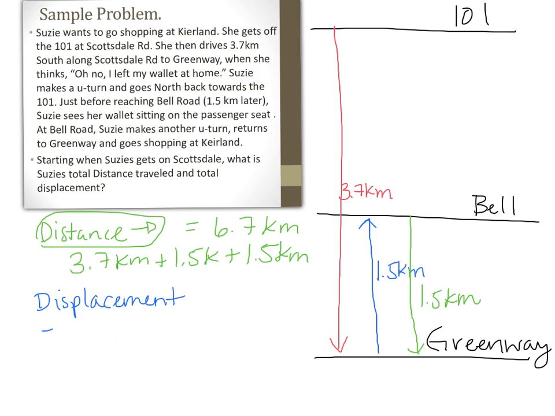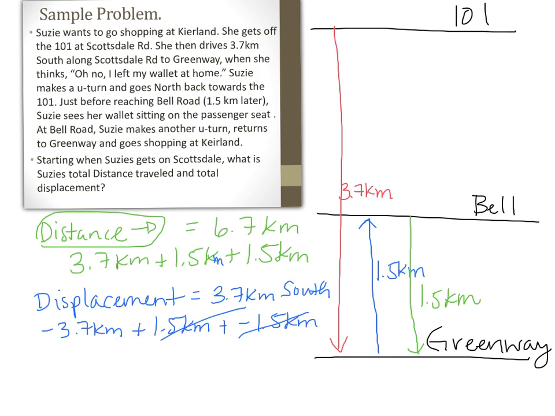So we're going to have negative 3.7 kilometers, because that was south, plus 1.5 kilometers positive, because that was north, plus negative 1.5 kilometers, because that was south again. Looking at our numbers, the positive 1.5 and the negative 1.5 are going to cancel each other out. So our total displacement is 3.7 kilometers, and because that ended up being a negative sign, that means it was south.